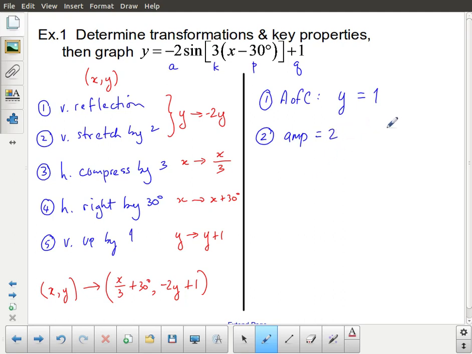And so that means my envelope is going to be 2 above the axis of the curve, so that's going to be at y equals 3, and 2 below the axis of the curve, y equals -1. You don't normally write this part out. You might write out the axis of the curve part, but all we really needed from this was the amplitude of 2. I'm just trying to be very thorough here.